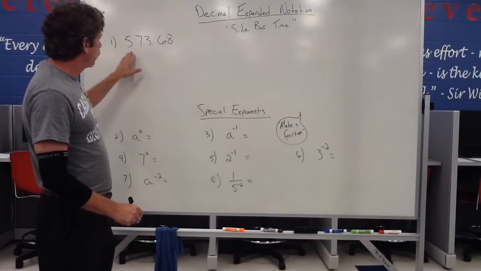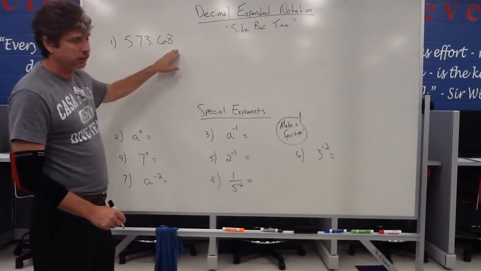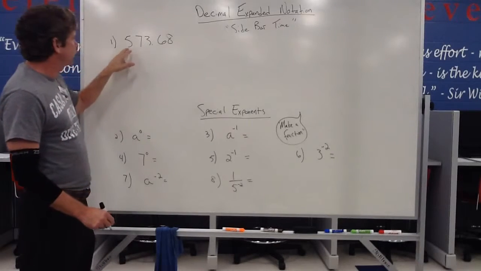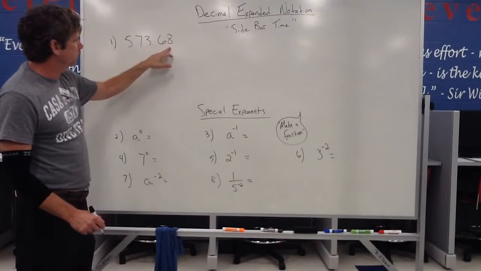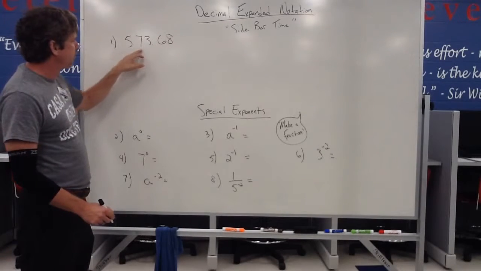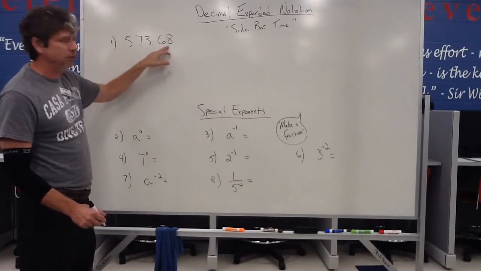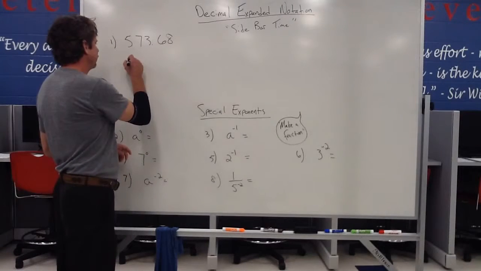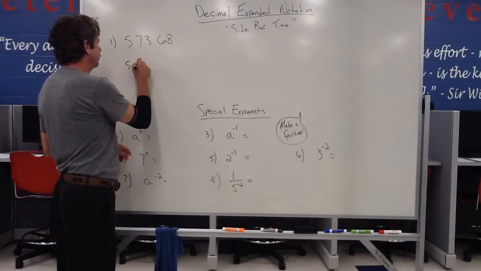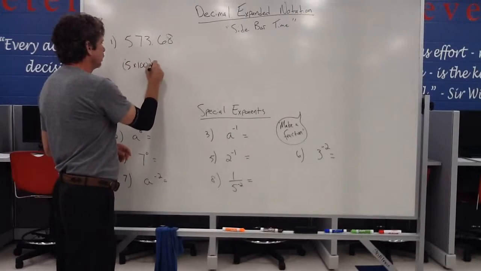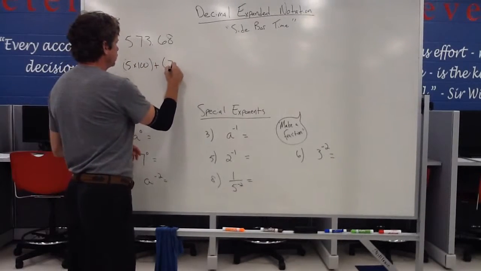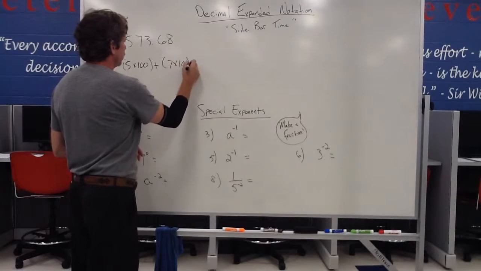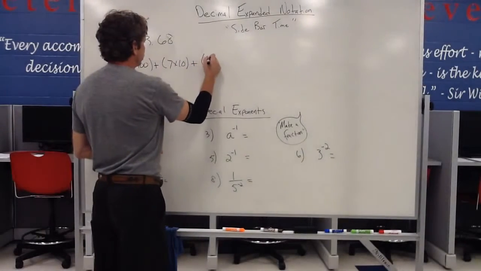So what we want to do is expand this number here, 573.68. In other words, 573 and 68 hundredths. Let's break this apart by place value. We have 5 hundreds, plus 7 tens, and then 3 ones.